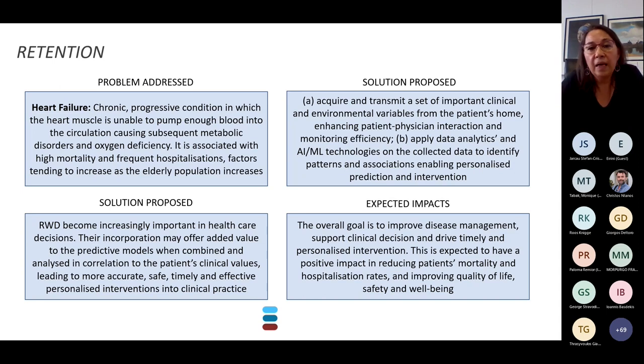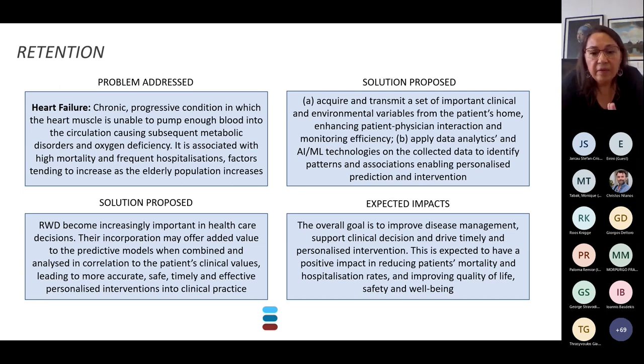That means that it can easily acquire and transmit clinical and environmental parameters that are of importance for the disease from the patient's home and present them to the physician on a regular basis or even upon request. So in this sense, it is a standard telemonitoring system, but it is expected, of course, to facilitate the interaction between patients and physicians. And also it is expected to improve the monitoring efficiency.